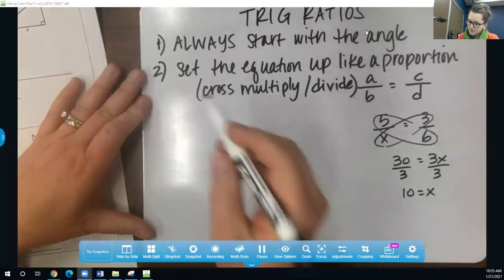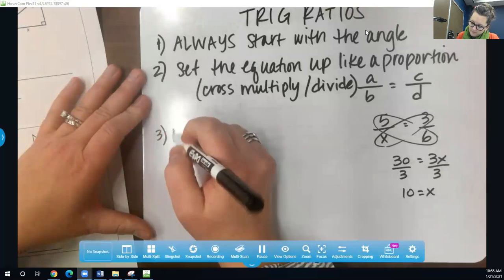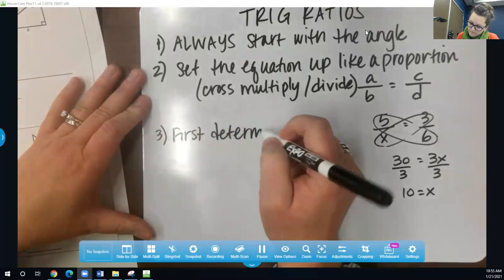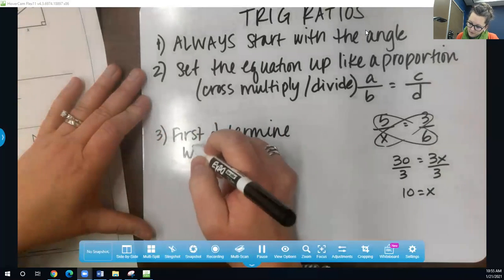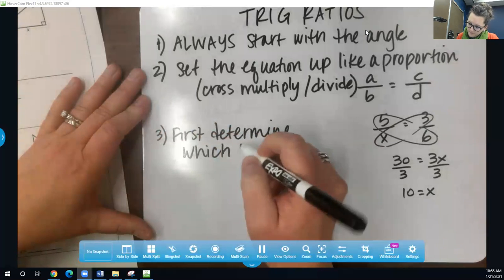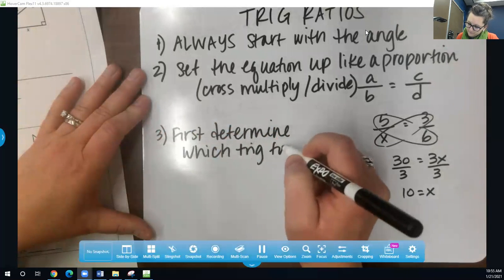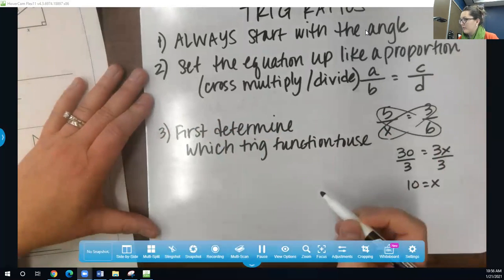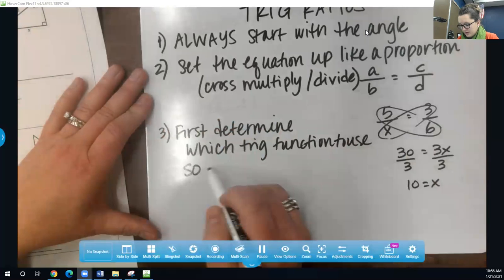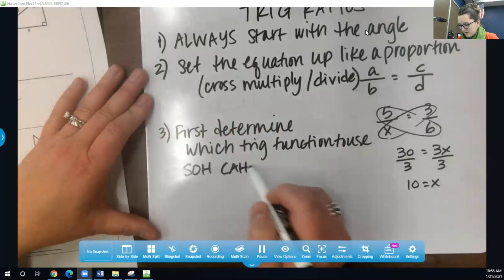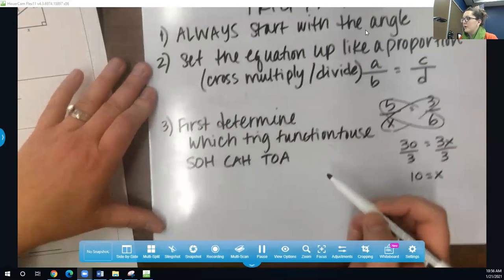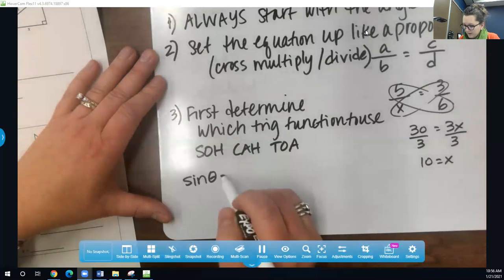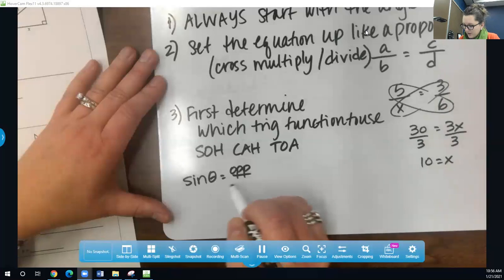We're first going to determine which trig function to use. So remember our trig functions that we talked about. SOHCAHTOA. Remember that? Your SO is sine of theta is opposite over hypotenuse.